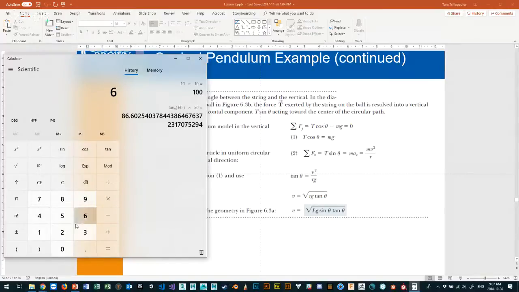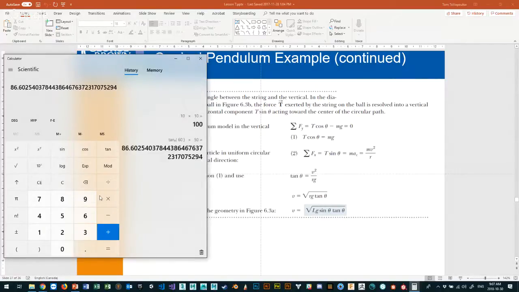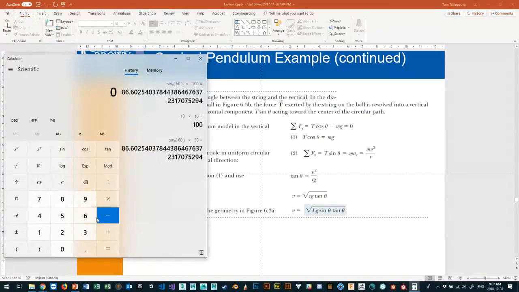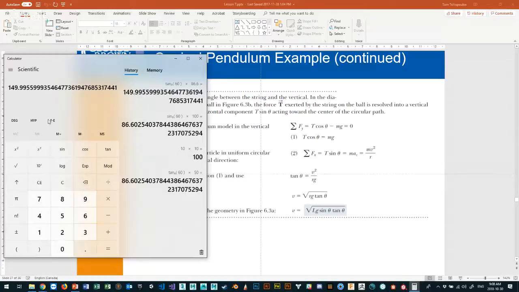Sine of 60 degrees is 0.866, times 100, so we got this 86.6 times tan theta. So keep that in mind, 86.6 times tan theta. So tan 60 times 86.6 approximately is equal to this, and then we take the square root of that, and we get something different from what we got here.